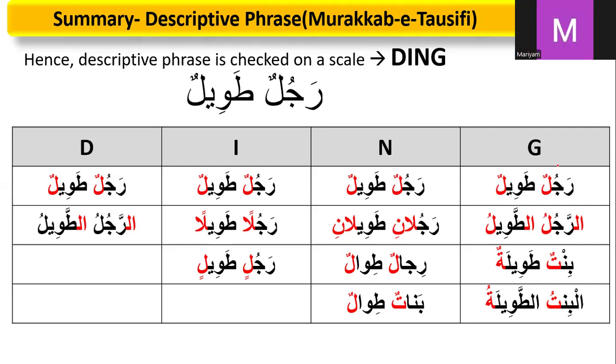I hope you are getting the patterns and the structure of the descriptive phrase. So in short, we can say that yes, a descriptive phrase is checked on a scale of 10. That's it. But keep in your mind that the adjective always comes after the noun in an adjective phrase or descriptive phrase in Arabic.